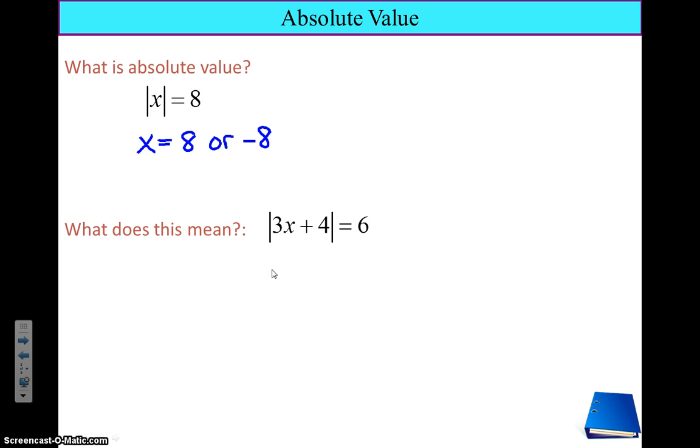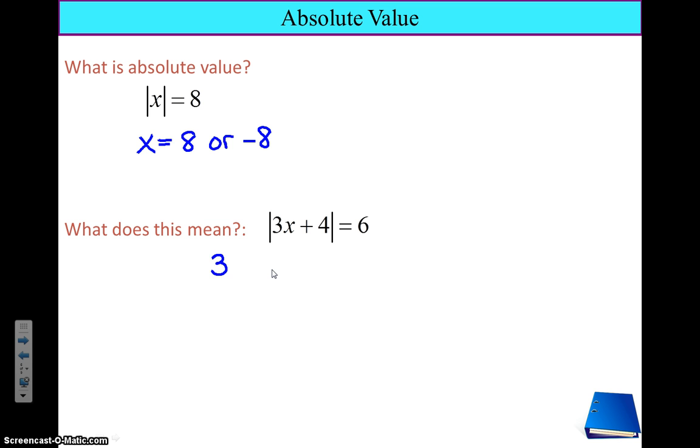So the second question, what does the absolute value of 3x plus 4 equals 6 mean? Well, what this is saying is what x value would make this expression of 3x plus 4 a distance away from 0 of 6? And so once again, there are two values that are a distance of 6 away from 0, 6 and negative 6.